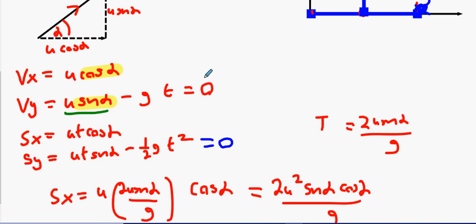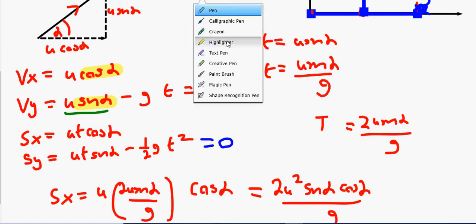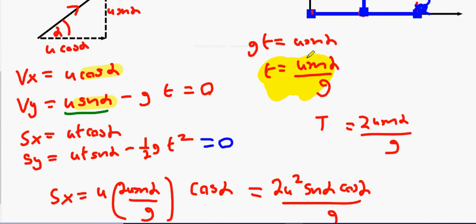This here equals 0. gt equals u sine alpha. t therefore equals u sine alpha over g. Was that any surprise to us? Why was it no surprise? Did you even have to do that? Why not? It's just half the time of flight, isn't it?